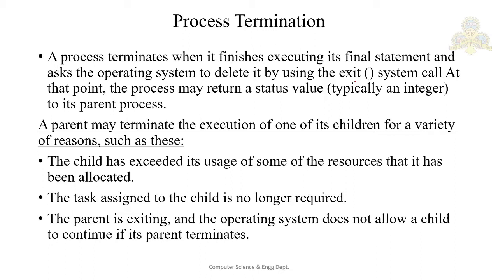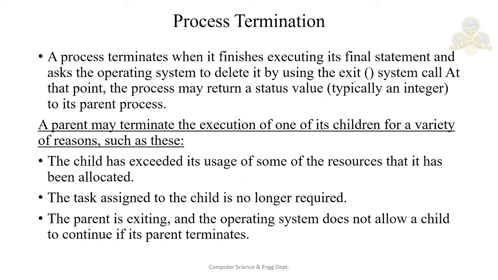Otherwise, users can kill each other's jobs. So a parent needs to identify its children. When a process creates a new process, the identity of that newly created process has to be passed to the parent.